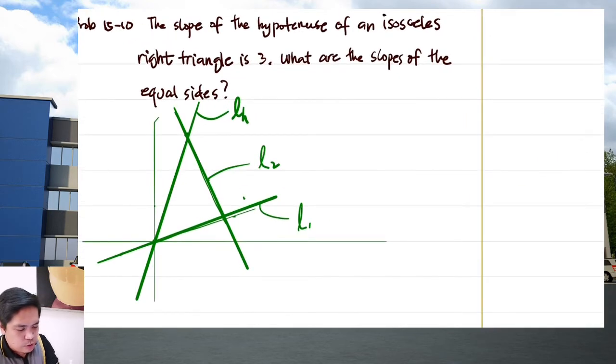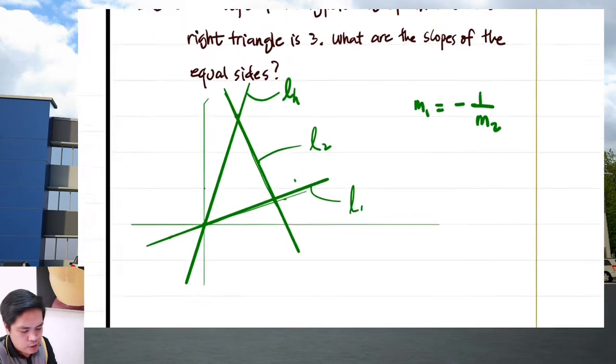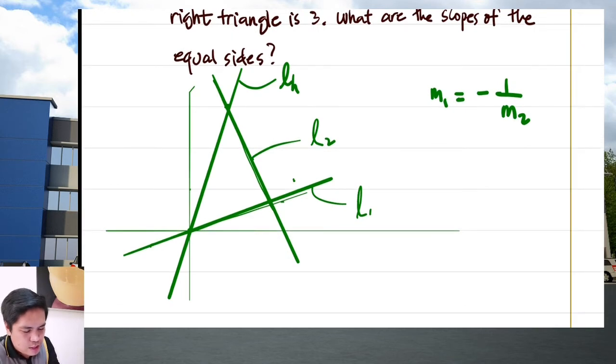Therefore, M1 should be the negative reciprocal of the slope of line 2. Okay, so that's our relation. What else? If this is an isosceles triangle, this is 90 degrees. So the remaining 90 degrees should be distributed here. So this is 90, this is 45, this is 45.